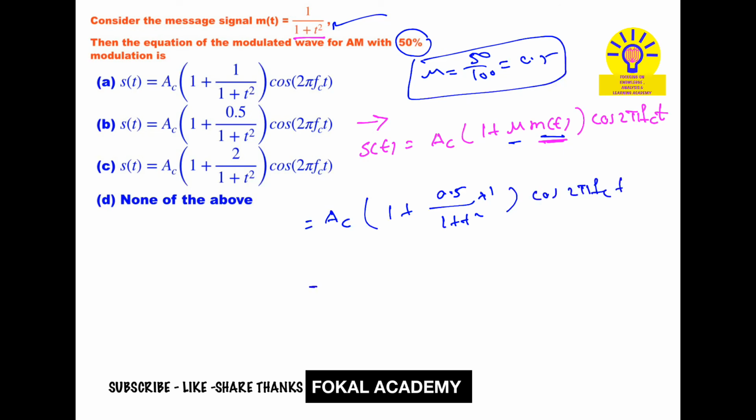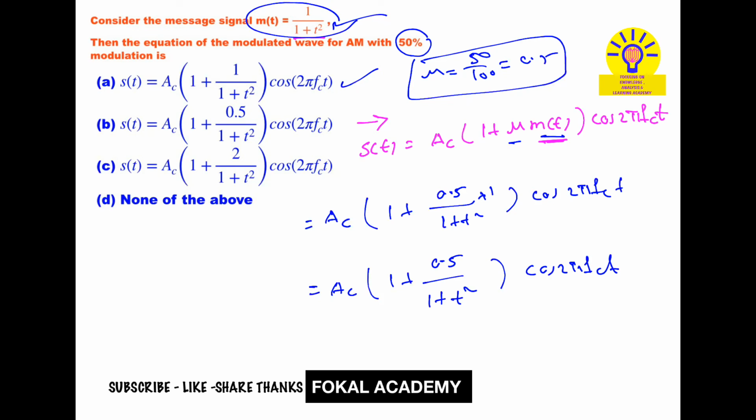So that is Ac into 1 plus 0.5 divided by 1 plus t square, into cos of 2 pi fct. When you observe the options, this is the correct option. This is the standard format of the AM signal for the given message signal with modulation index 0.5.